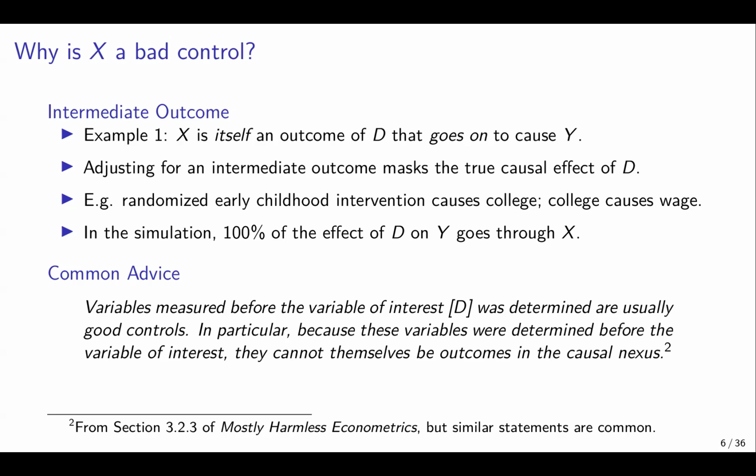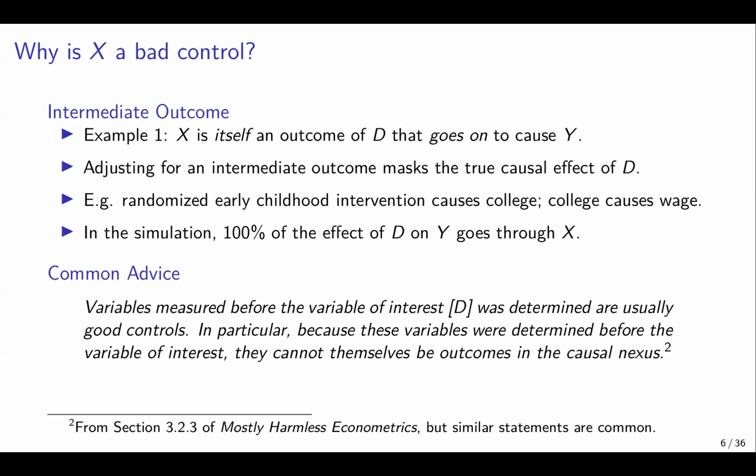Well, in that case, we don't want to adjust for whether you attended college or not when we're trying to determine the causal effect of the childhood intervention on wage. The right thing to do is simply to do the naive comparison of means between the children who were randomly assigned to the treatment and the children who are randomly assigned to the control.